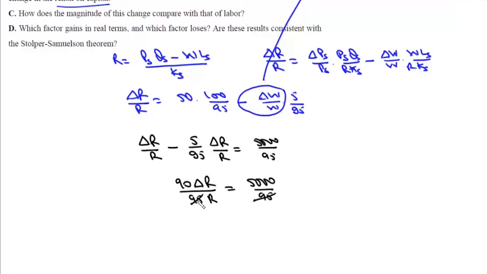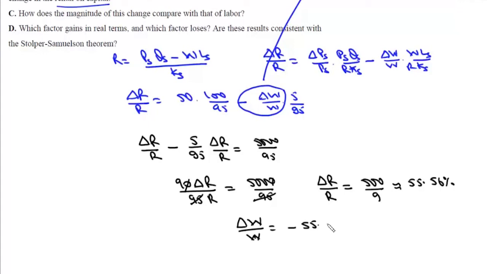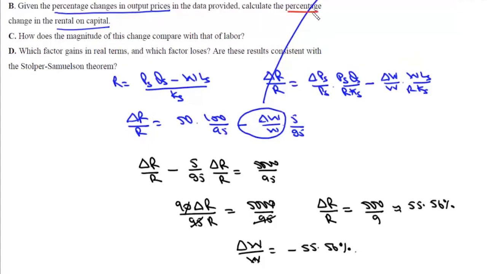Now this 95 will cancel, this 0 will also cancel. So change in rent is given by 500 by 9, which is nearly 55.56%. And since delta W upon W is minus delta R upon R, it will be minus 55.56%.